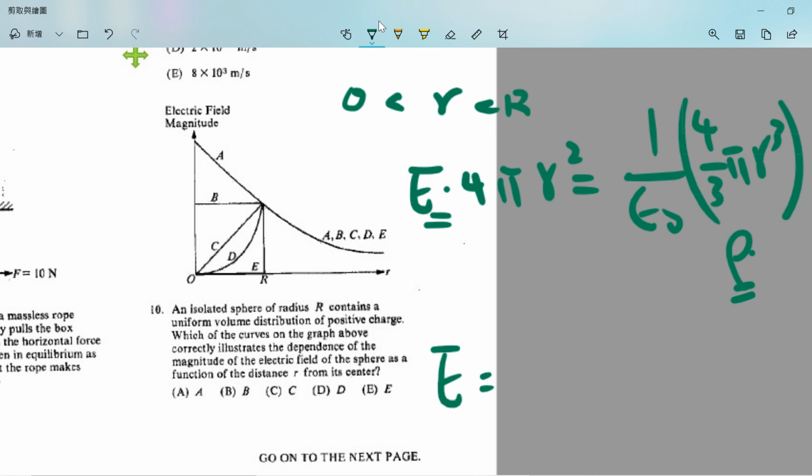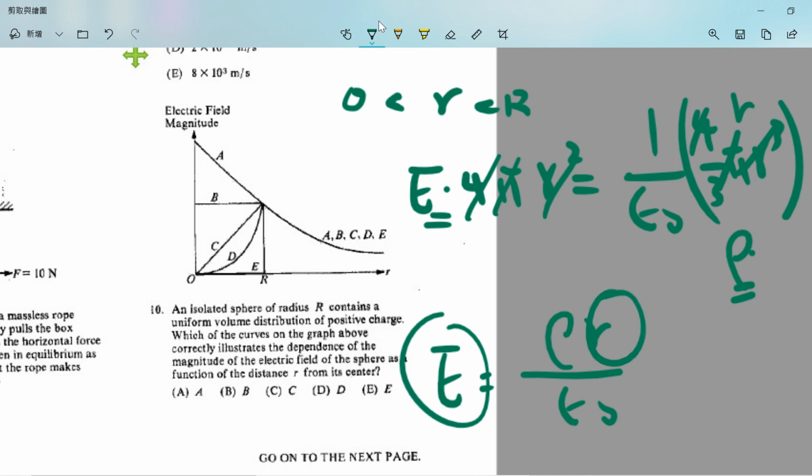Actually, we don't care about E itself. What we care about is the dependence of E. So the dependence of E is linear in r. Only C is linear in r, so we choose C. That's it.